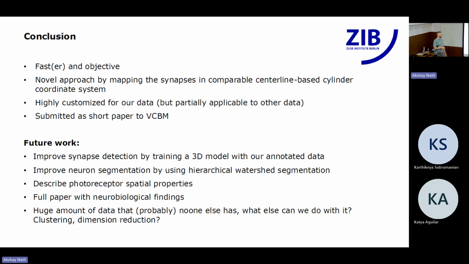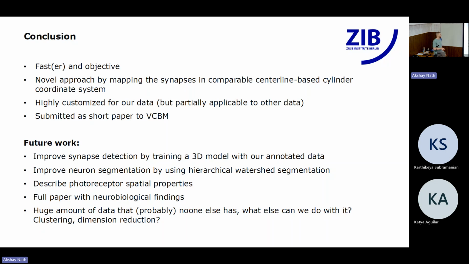As I said, neuron segmentation is done with connected components, and it works fairly well for, eyeballing it, 95% of neurons. But the other 5% are, for example, two neurons touching, and they get annotated as a single neuron. By implementing something a little more sophisticated, like hierarchical watershed segmentation, we could split them.